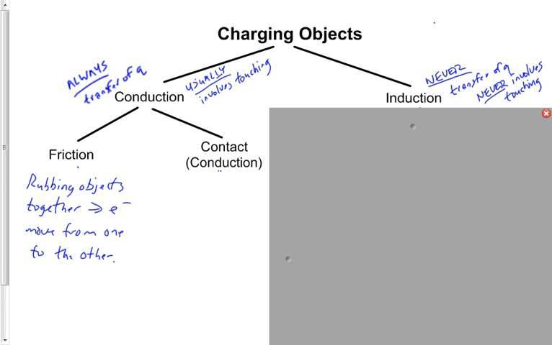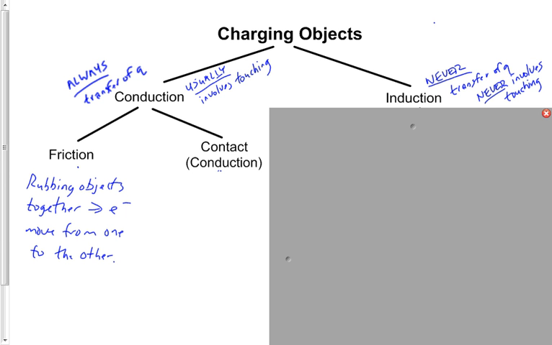So if you rub something high on the list with something low on the list, the one that's high on the list loses electrons, the one that's low on the list will gain electrons. That's what helps us to determine, let's say when I rub a balloon against my hair, which way the electrons go. Do they go to the balloon or do they go to the hair? Well, we check that electrostatic series and that would tell us which way they go. Don't panic about that, but that is in your book if you're curious.